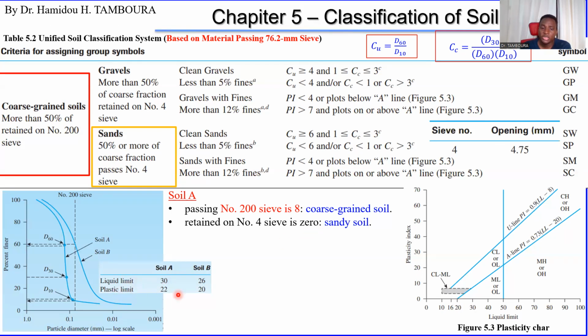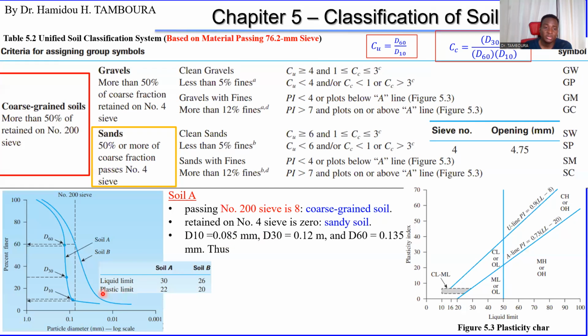Okay, so the liquid limit and plastic limit are here for the soil. We can check first the values of Cu and Cc. For that, we have the formulas here. Cu uses D60 and D10. D10 is 10, this is 20, 10 is around here, smaller than 0.1, so 0.085 here.